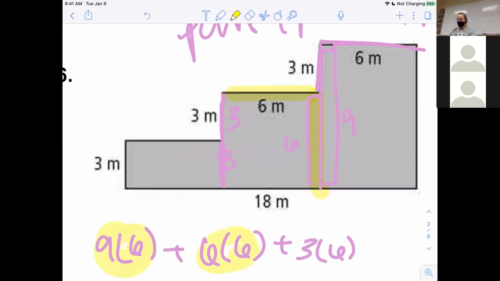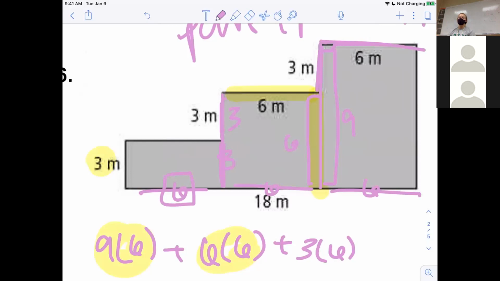And then the last shape, it doesn't say 6 anywhere. You're probably like, oh yeah, I'm cool with this 3 right here, but how'd you get the 6? If the whole bottom was 18 and this is 6 and this is 6, I can just minus 6, and I'm left with 6. 18 is 6 plus 6 plus 6. Yes or no?